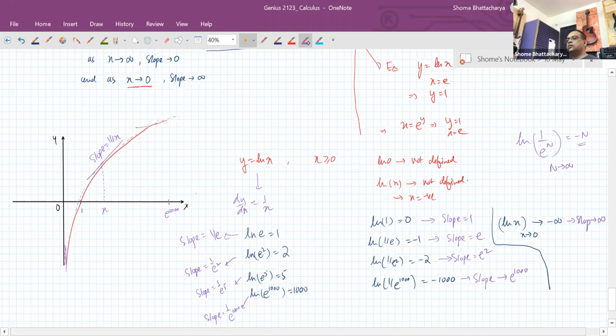So now when I take ln of x, x tending to infinity, that itself tends to infinity. But the slope at x tending to infinity will tend to 0.